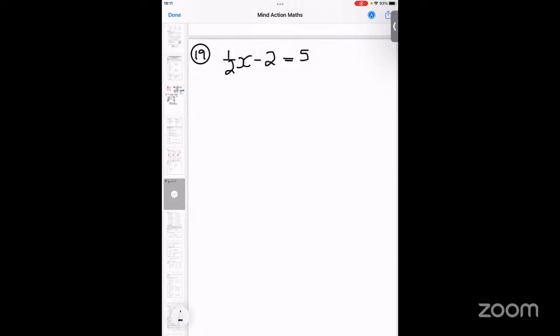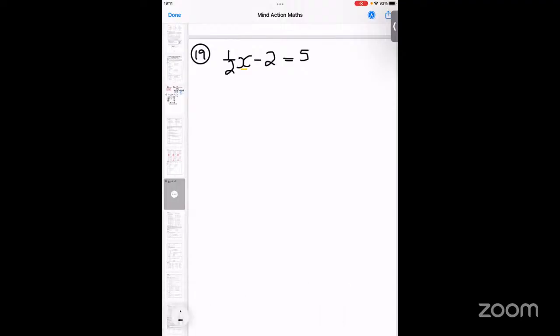What am I solving? Which letter am I solving? It's letter X. So that means my final answer should be X is equals to a number. So how am I supposed to approach this question? Letters on the left, numbers on the right.